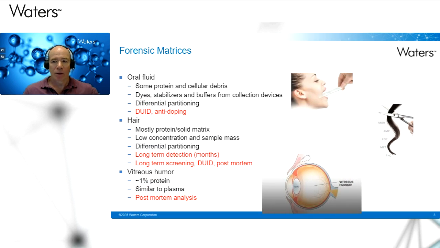Some of the other less common matrices, but certainly growing in popularity, are things like oral fluid. It's become increasingly used in driving under the influence testing.